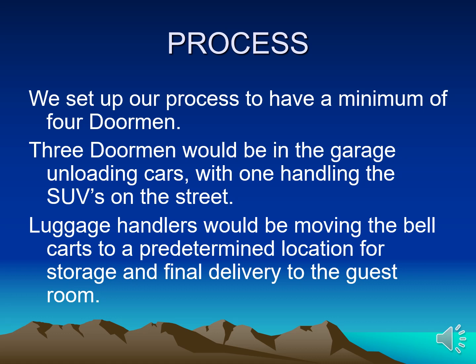So we set up our process to have a minimum of 4 doormen, 3 in the garage, and 1 handling the SUVs on the street. The luggage handlers would be moving the belt carts to a predetermined location for storage and final delivery to the guest room. That means for every car, we would have a doorman, a valet, and a luggage handler or 2.